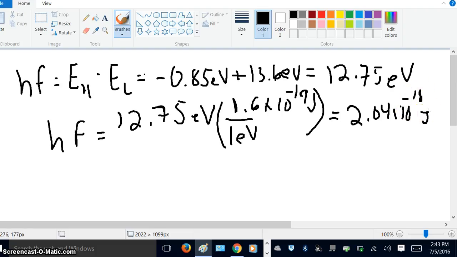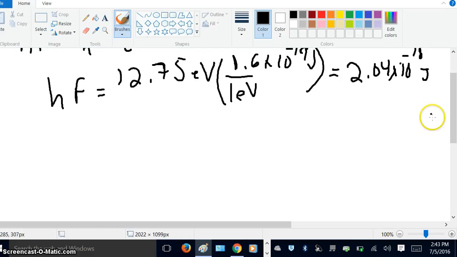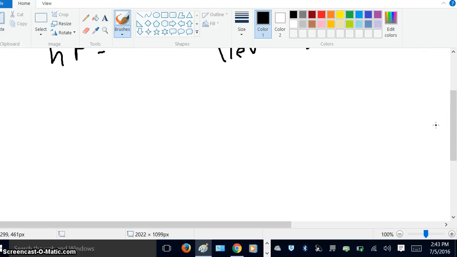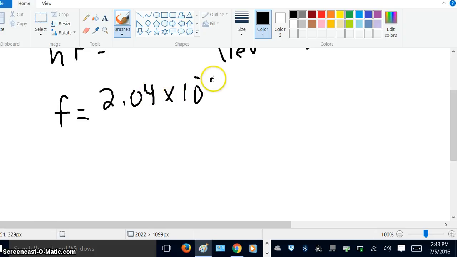And if we want to solve for the frequency, that's pretty simple. All we have to do is divide both sides by Planck's constant. So we rewrite the 2.04 times 10 to the minus 18th joules. And Planck's constant is a constant of the universe.